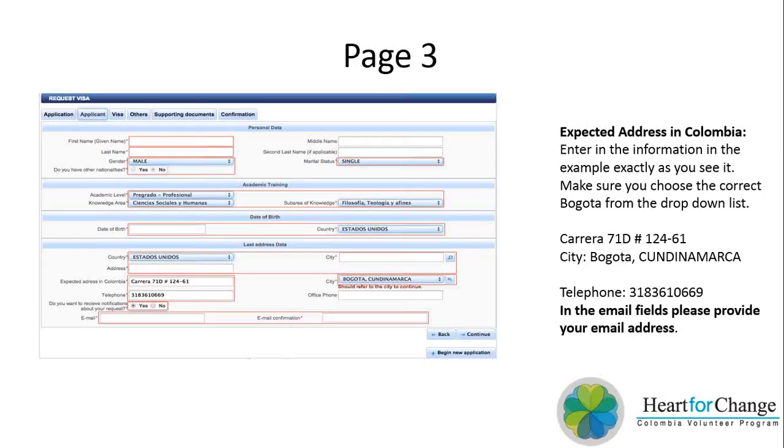From the drop-down menus, select your academic level: pregrado profesional, BA, BS; posgrado maestría, masters; posgrado especialización; posgrado doctorado, PhD. Knowledge area, select accordingly. Sub-area of knowledge, select accordingly.